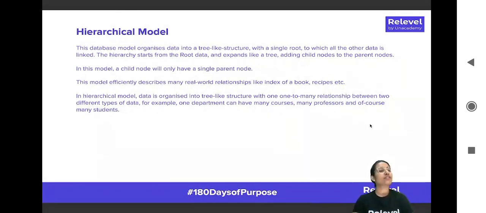Now, just to repeat it, in hierarchical model, data is organized into a tree-like structure with one-to-many relationship between 2 different types of data. For example, one department can have many courses, many professors, and of course many students, right? If there's like a department of psychology, okay, it can have many courses going inside it. It can have many professors available for that, and many students are enrolled in it.